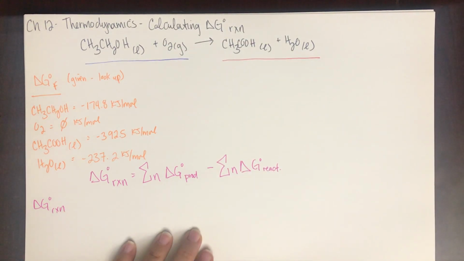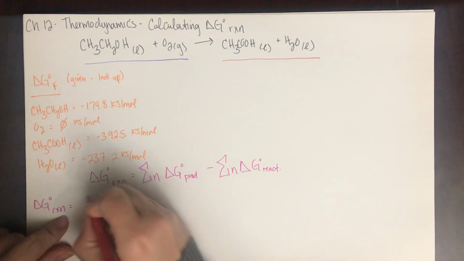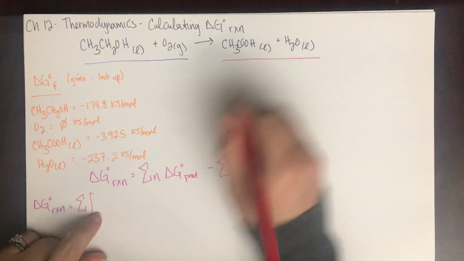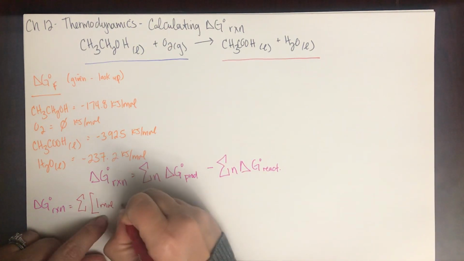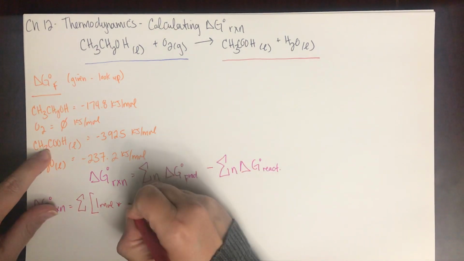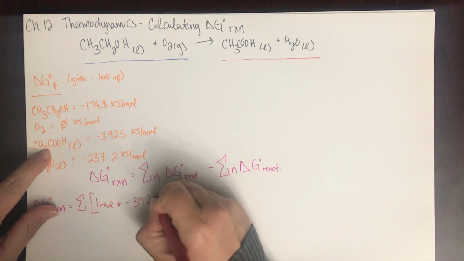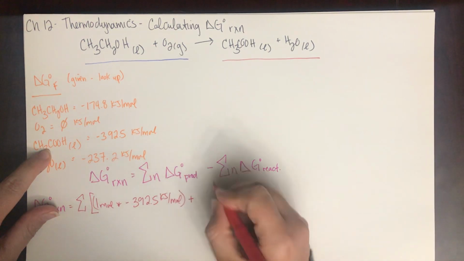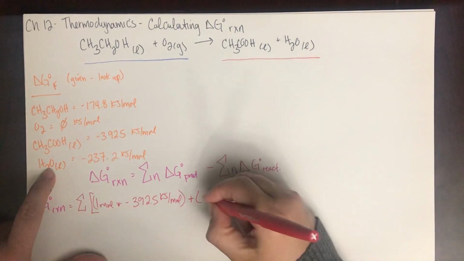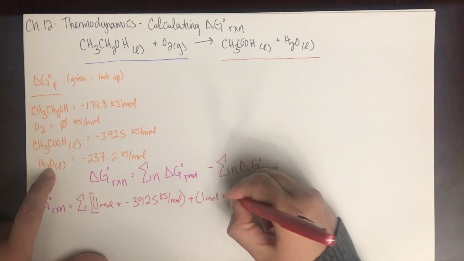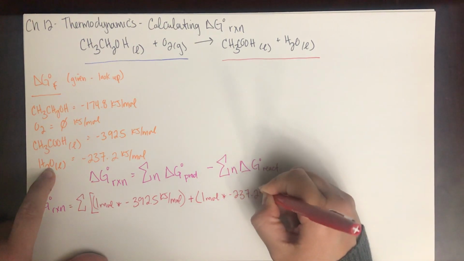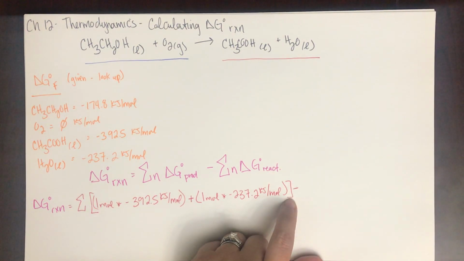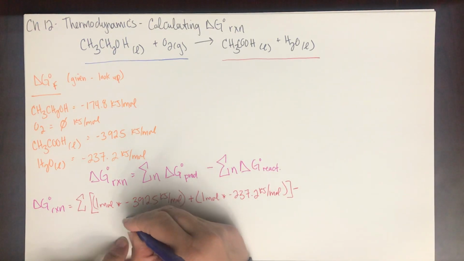So let's do products first, the sum of the products, minus the reactants. And I'm just going to put the whole thing down here so I don't run out of space.